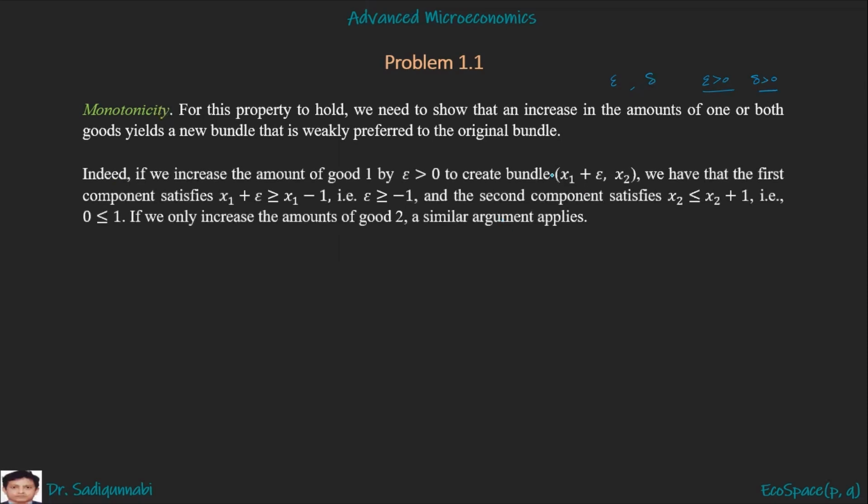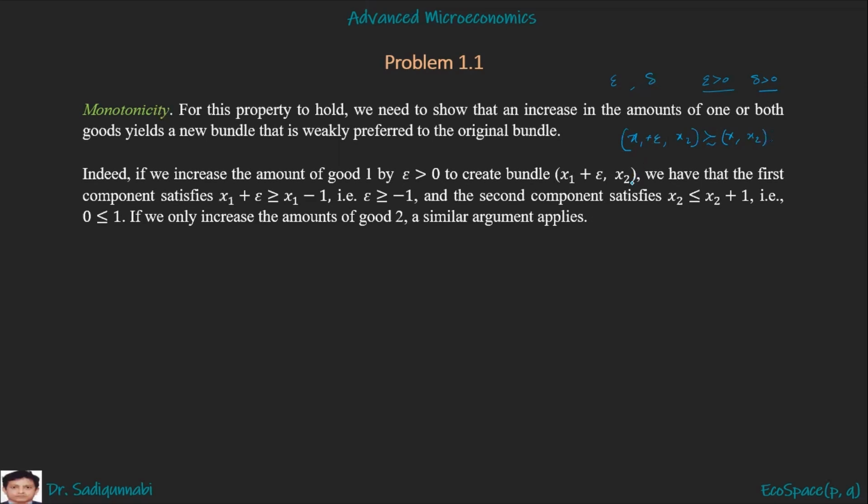So let's check. If we take an increment of the first component, our bundle is now X1 plus epsilon and X2, and we compare it with X1 and X2.